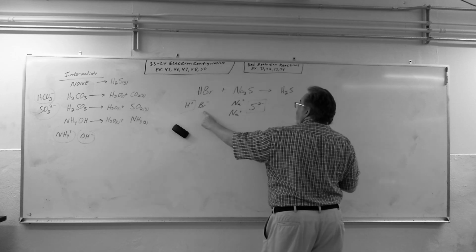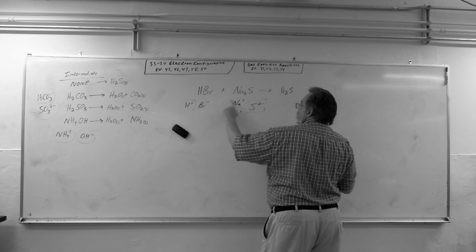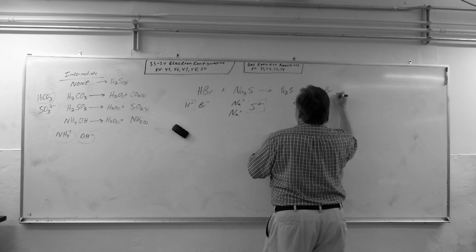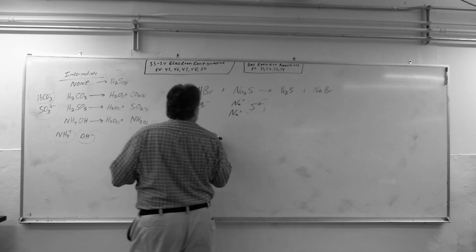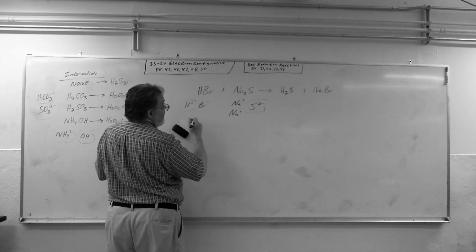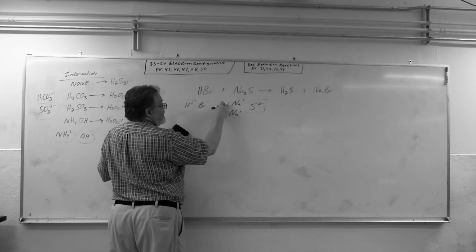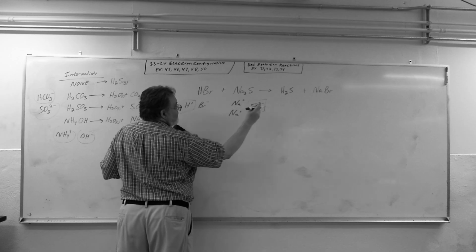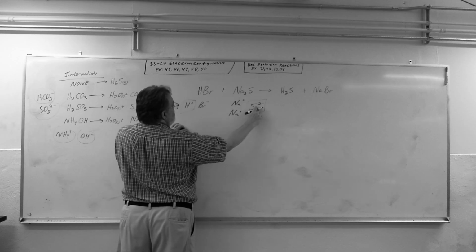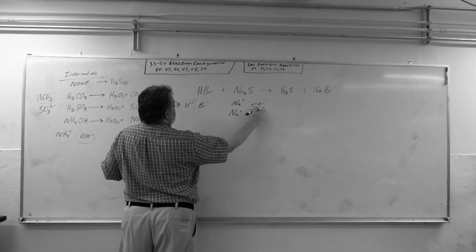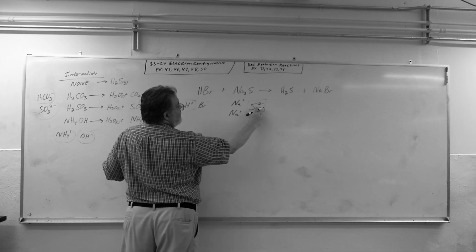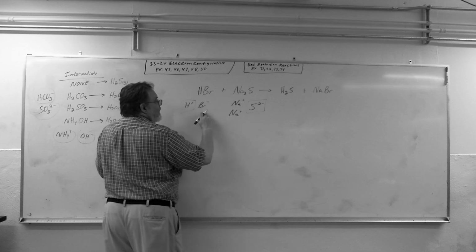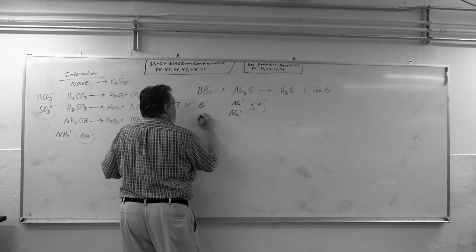Now I've got to put Br and Na together. That's 1 minus and 1 positive, so the formula is going to be NaBr, and the rest of this is balancing. I've got 2 Na and only 1 Br. What I need is another Br.